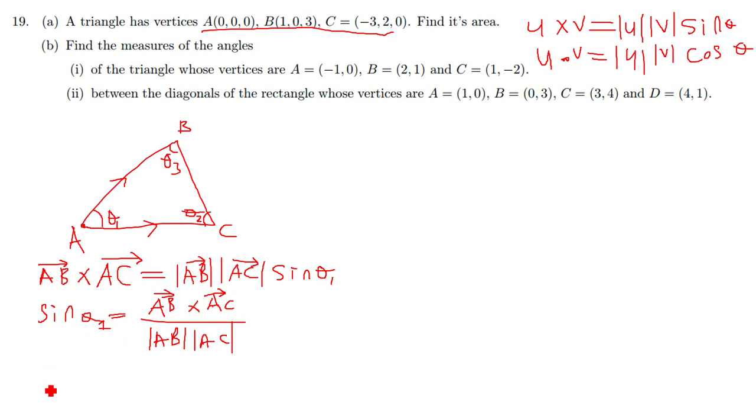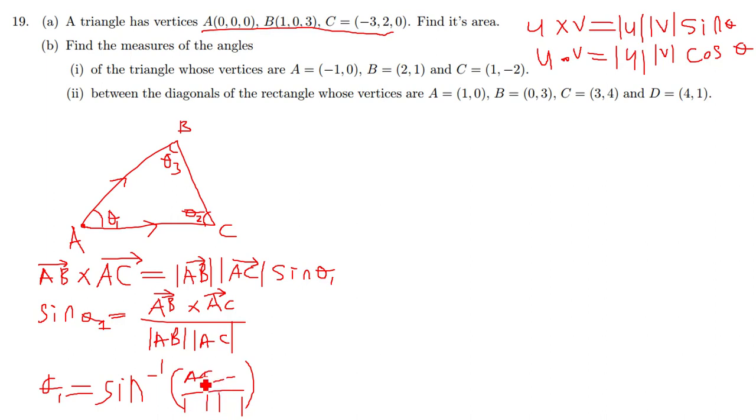So to find theta now, you can just say theta 1 is equal to the sine inverse of this part here. You write AB cross AC, everything over the magnitude of AB and the magnitude of AC.